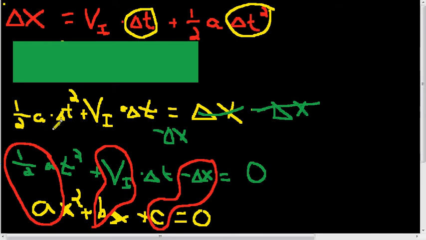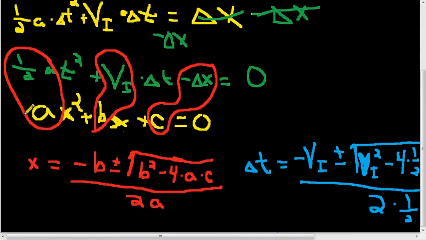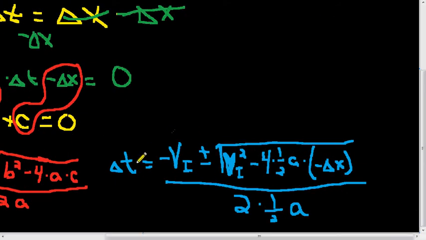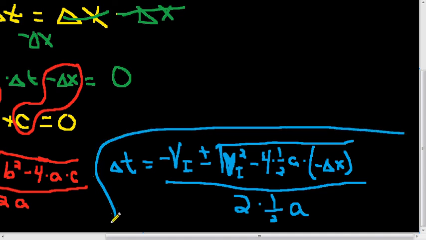We've turned it into a quadratic equation. We assumed the equation we learned in algebra, substitute those values in, and this is the method we have to use to solve for delta t. This can be slightly simplified a bit more. We could simplify the 2 and the 1/2 on the bottom. We could simplify the 4 and the 1/2 here, but I will leave that to you. This is the equation to solve for delta t.